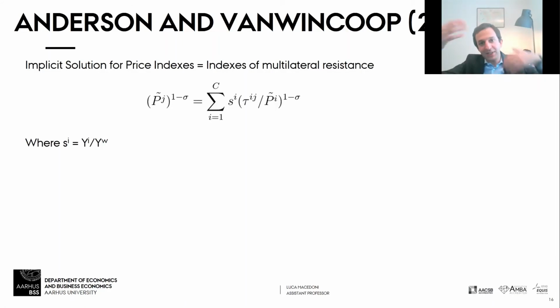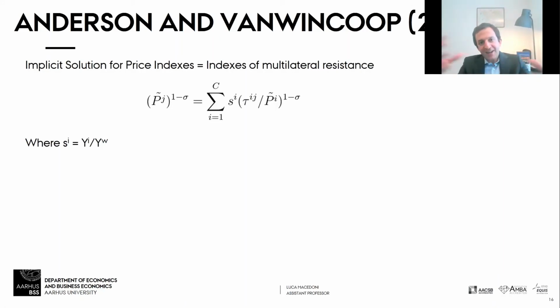But then here you see the system, right? Why are the prices in a country particularly cheap? Because perhaps that country not only has better technology and low domestic prices, but perhaps that country is also very well connected to all the other countries in the world. In other words, it has very low iceberg trade costs. And so this is what this system of equations is capturing.